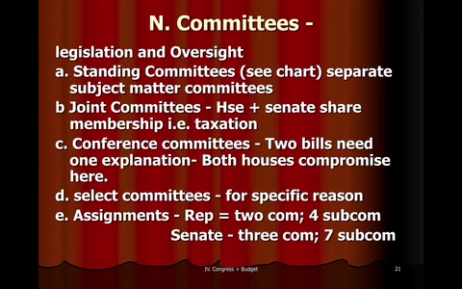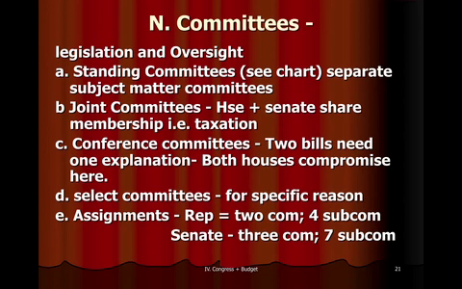Every bill that is put forth before Congress is assigned to one of the standing committees. Once it gets into standing committee, it typically gets broken into some subcommittees within that committee. Those subcommittees will hold investigations, determine what needs to be found, and then they'll report back. So that's your standing committee role, and we'll get into a little more detail in a minute.